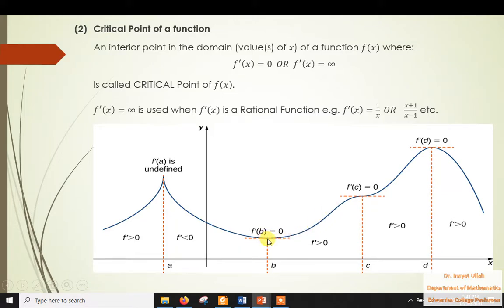So this point divides the graph into descending and ascending form, decreasing and increasing form. Similarly here, and similarly here, that is increasing and suddenly it decreases here.